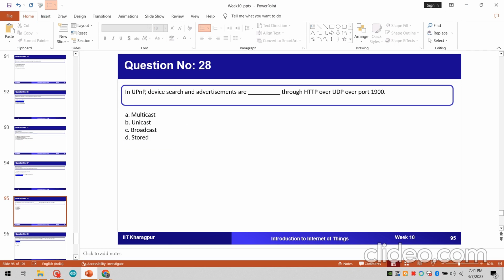Next question is, UPnP device search and advertisements are blank through HTTP over UDP over port number 1900. Options are multicast, unicast, broadcast, store.